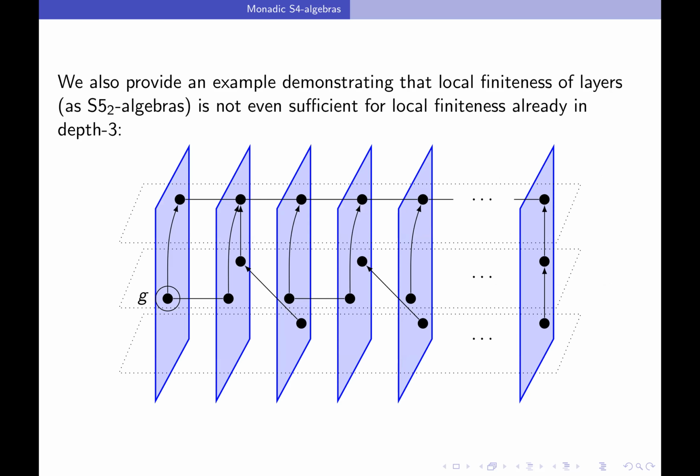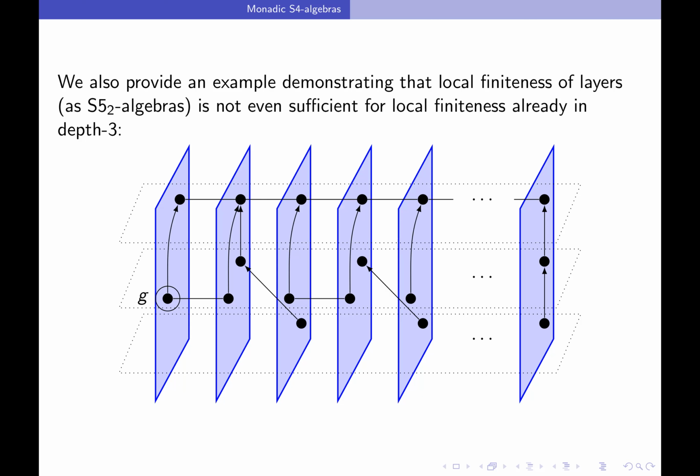And so here's one more example demonstrating that it's not even sufficient. So local finiteness, the situation does not come down to whether or not all of your layers are locally finite as S5 squared or as S5(2) algebras.